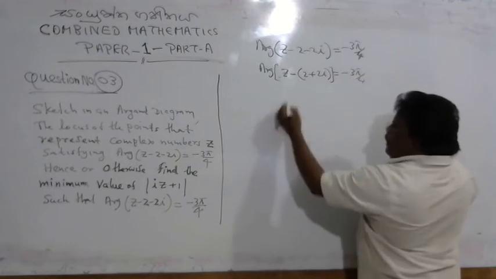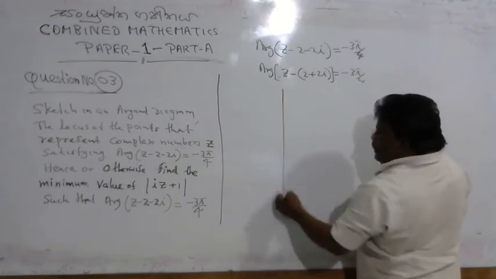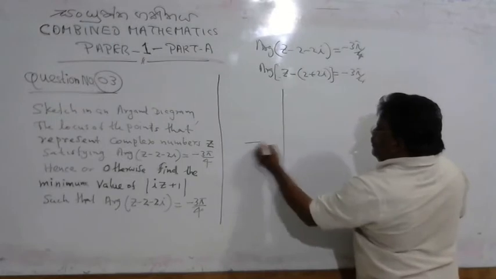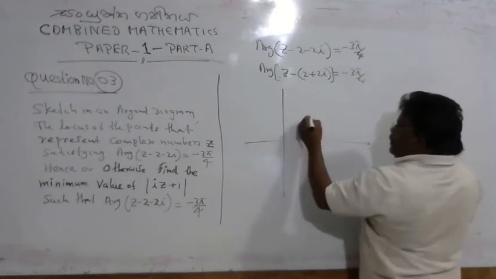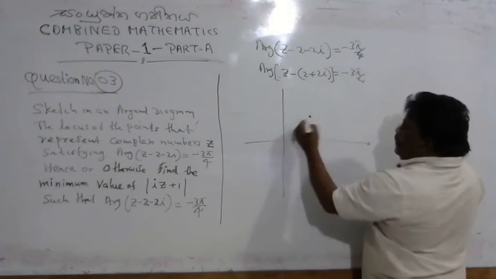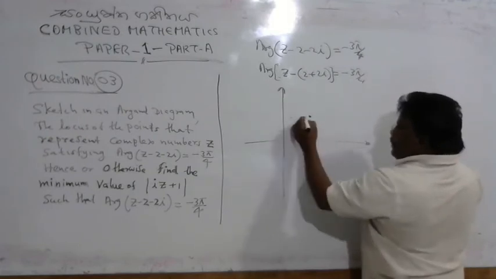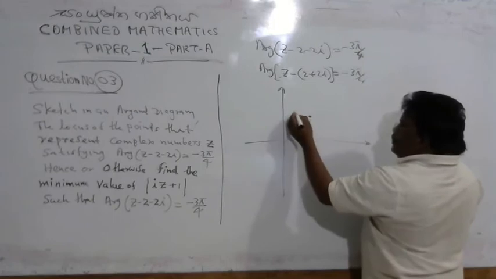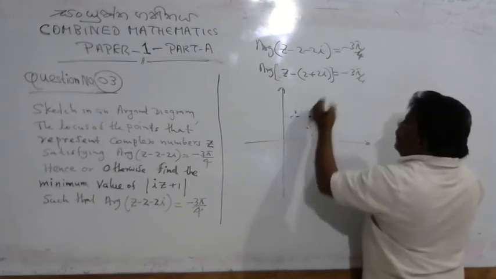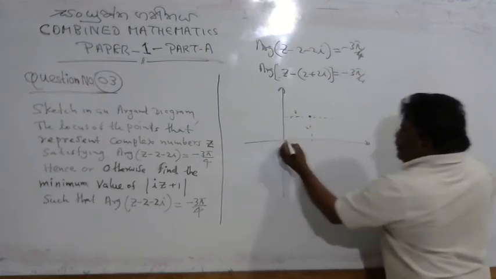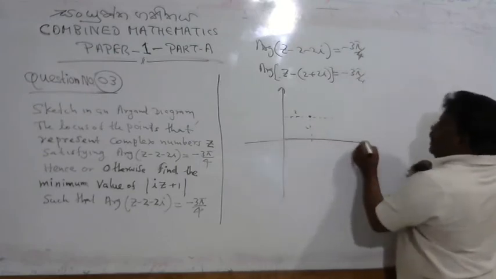And the angle is minus 3π by 4. Therefore you can draw this half line. This is the starting point, x coordinate equals y coordinate, so this is 2, this is also 2. This minus 3π by 4, you always measure this angle from the positive x-axis.